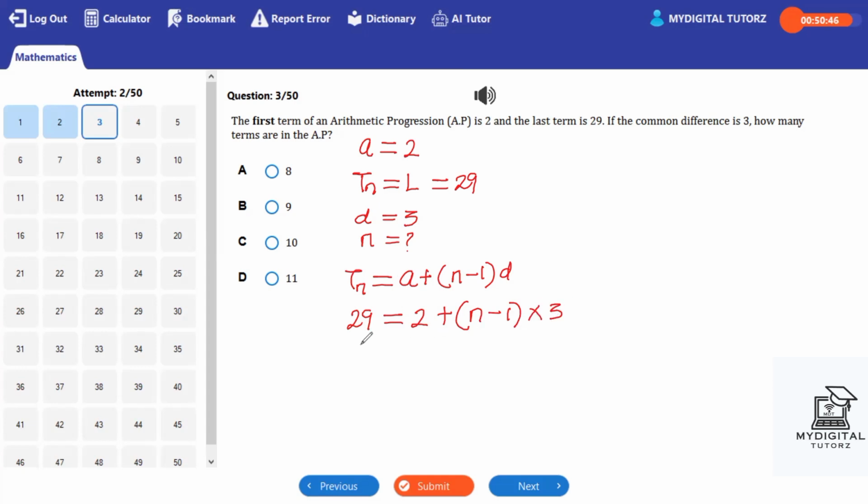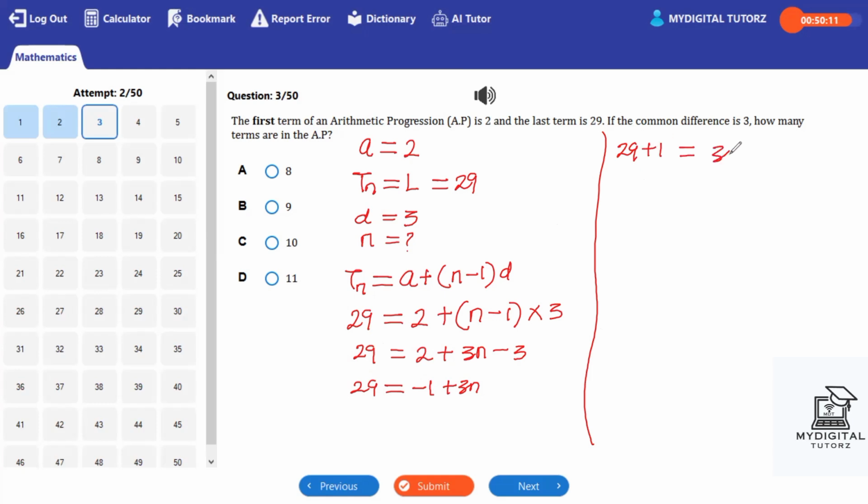So from here, I have 29 equal to 2 plus, open bracket, 3 times n to give us 3n, minus 3 times 1 to give us 3. Now from here, I can have 29 equal to 2 minus 3, that is minus 1, plus 3n. So from there, when this minus 1 crosses the equality sign, it changes to plus. We have 29 plus 1 equal to 3n.